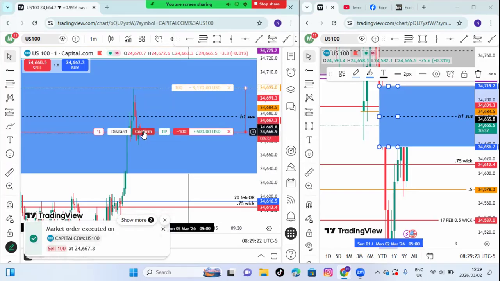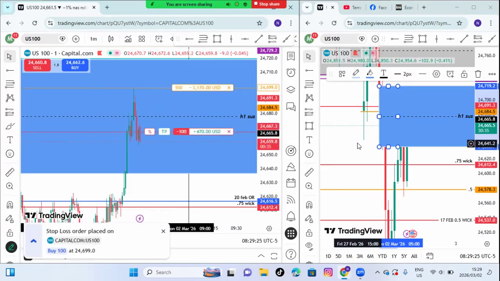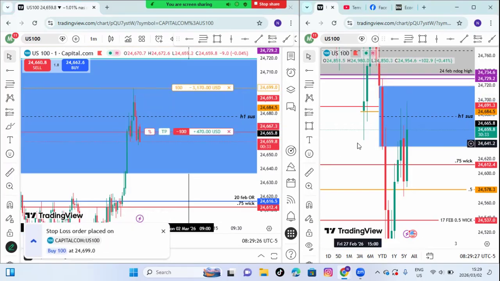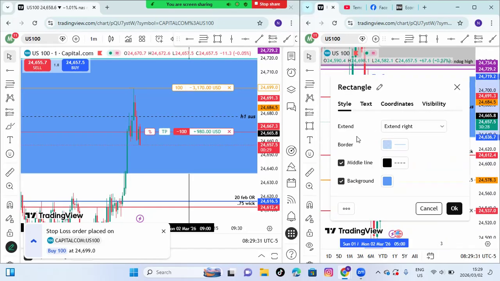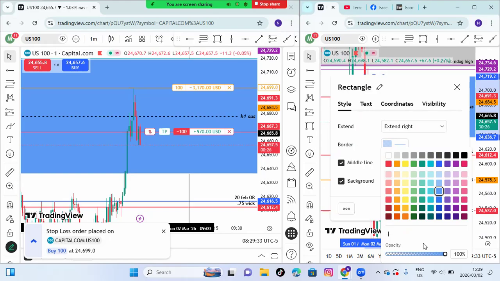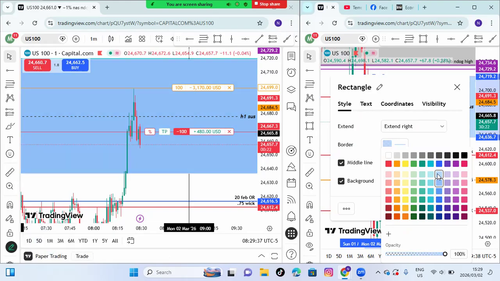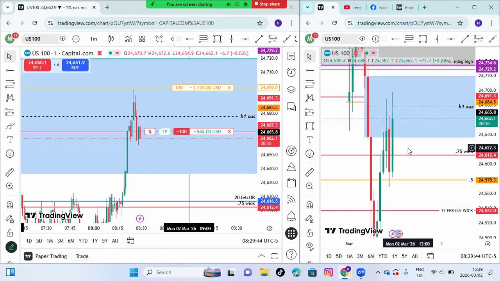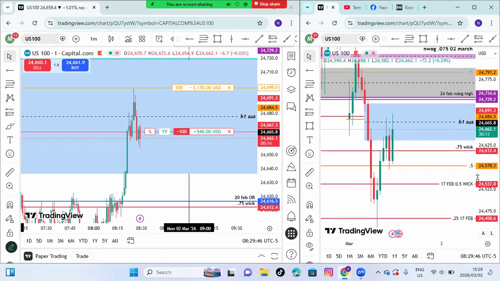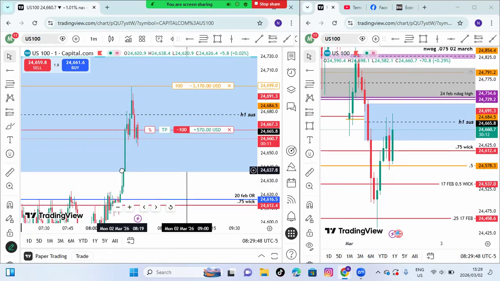Let's just stop there. So let's just make it a little lighter. Okay. And that's nice. So that's the Nasdaq, guys. Just went in a sell right there.